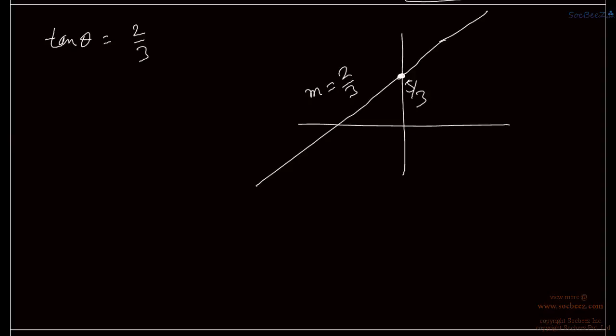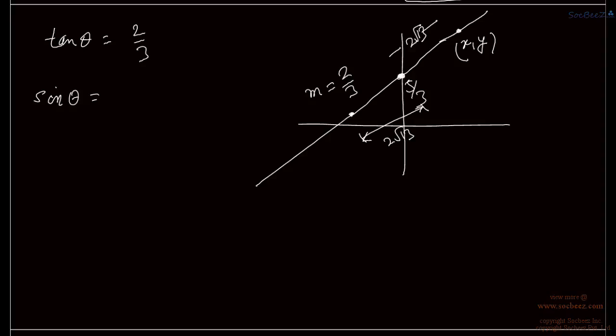So we have to find the coordinates of a point which is 2 root 13 away from this point. So we will have 2 points, one here and another somewhere here, because this distance will also be 2 root 13. So tan theta is 2 by 3. We can have two values of sin theta as well as cos theta.